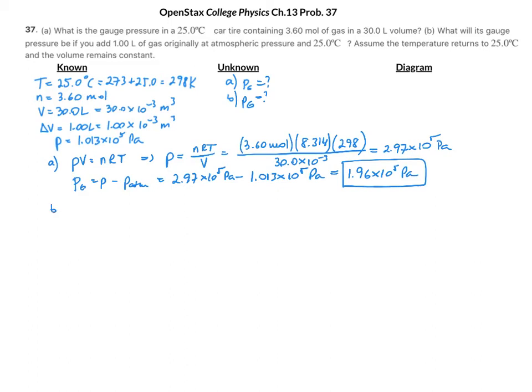Now in part B, we are adding some gas, and we know that the pressure, that's the atmospheric pressure at which we are adding the gas, times the amount of gas we're adding, is going to be the delta N, the amount of moles that we're adding, times RT.